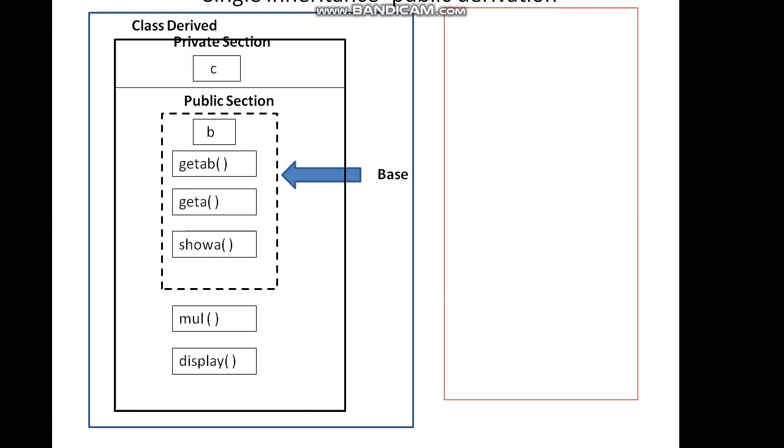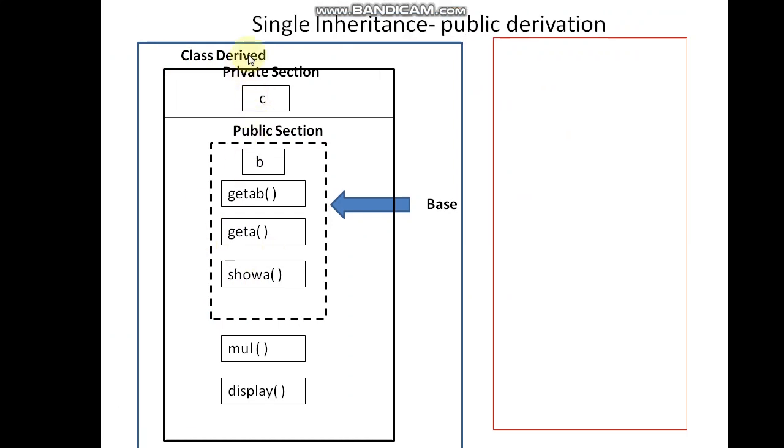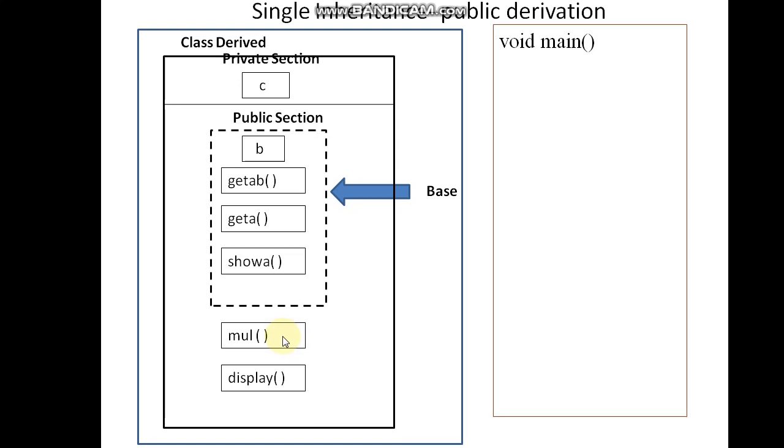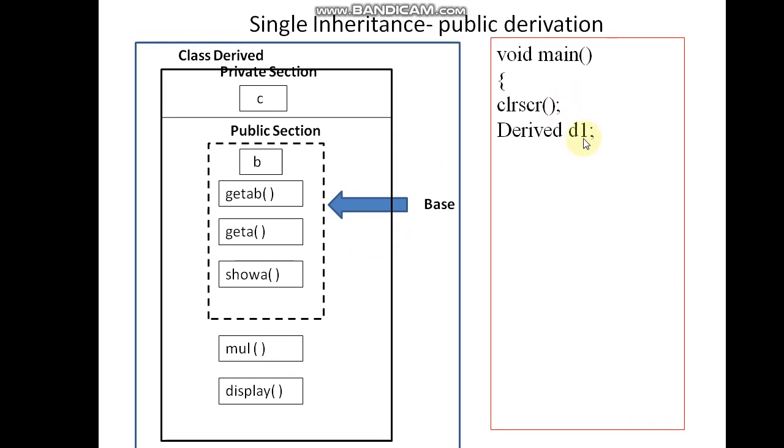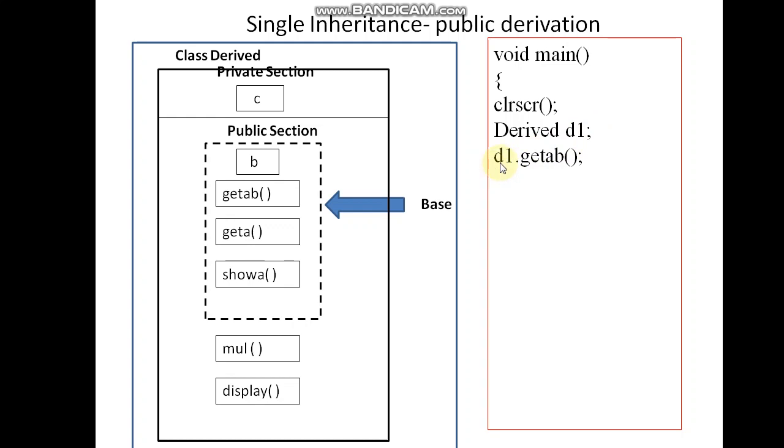Now we are going to create an object of this derived class. So the derived class object will have access to these members. Now D1 is the object of the derived class. This object can call the getAB function, as getAB is a public member function in the derived class.